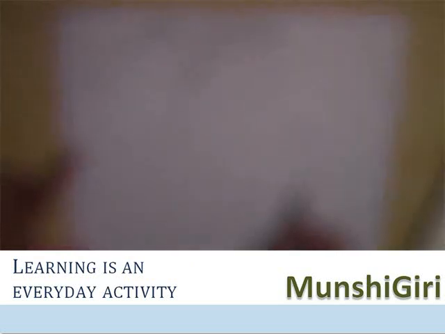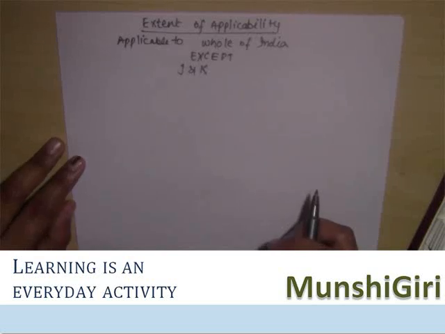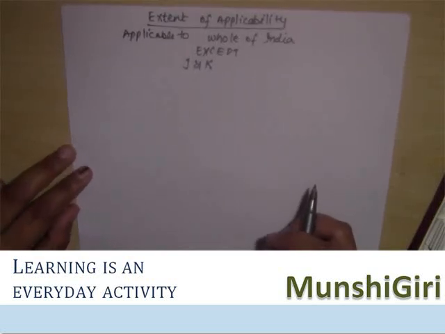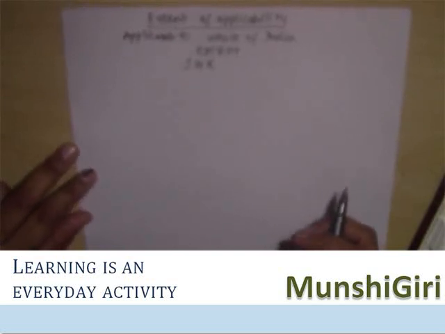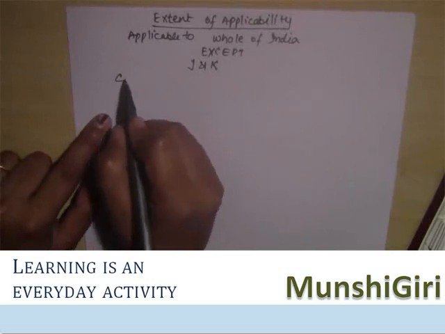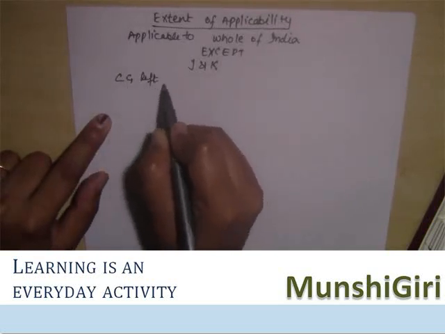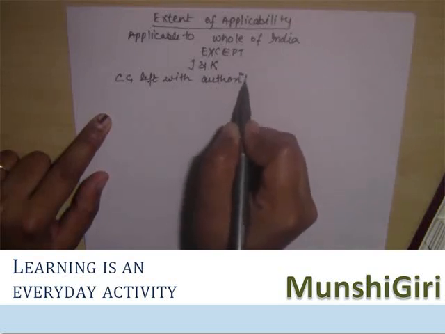Now you must be wondering why a lot of acts do not apply to Jammu and Kashmir. The reason is, when Jammu and Kashmir merged with India, it was granted a special autonomous status. With this status, the central government was left with authority only in certain matters.